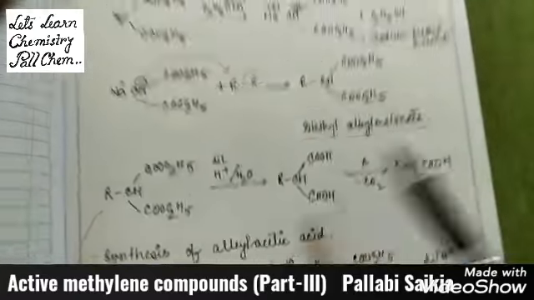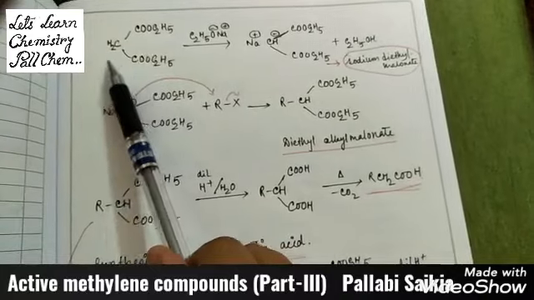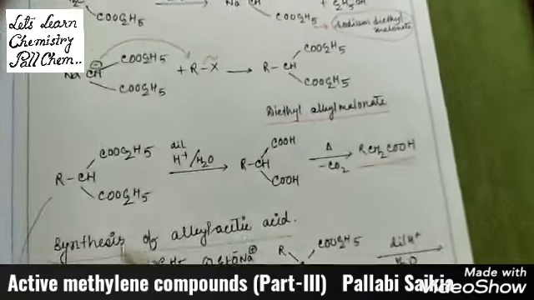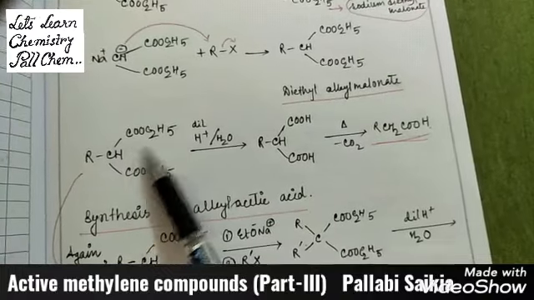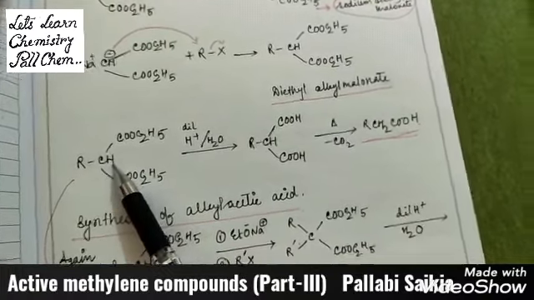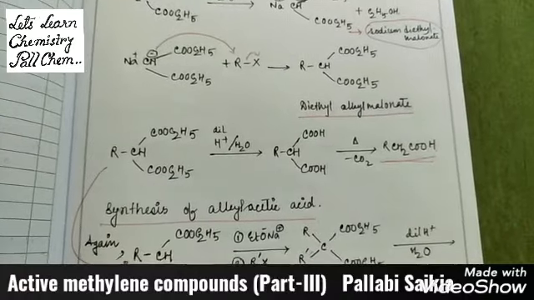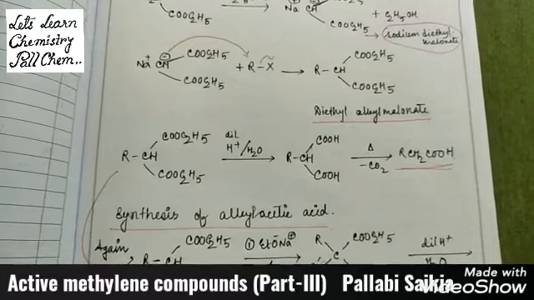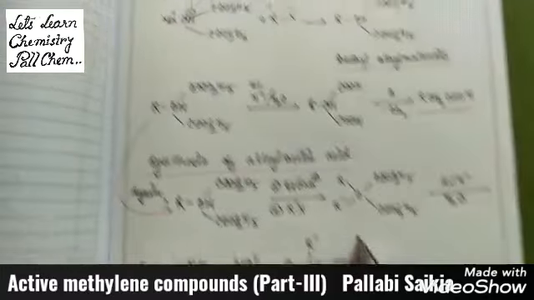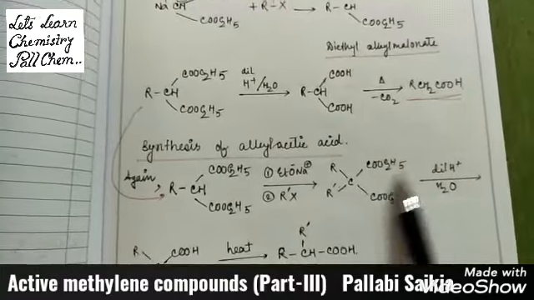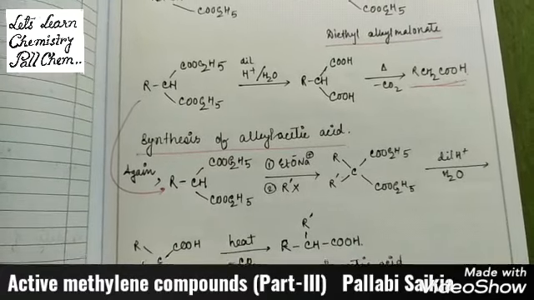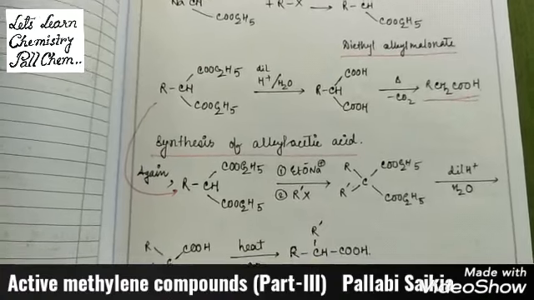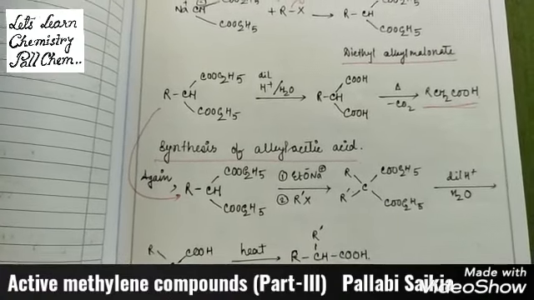Further, since it has two hydrogens in the methylene group, we can replace the second hydrogen also through salt formation and reaction with alkyl halide to form a dialkyl ester. This dialkyl ester is further converted to dialkyl carboxylic acid, and on losing carbon dioxide forms dialkyl acetic acid.